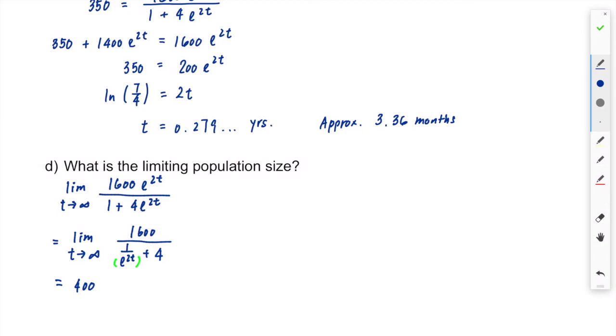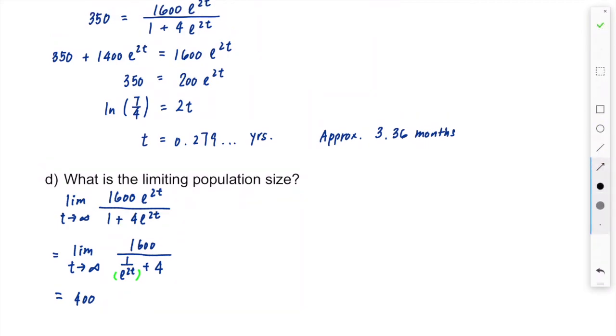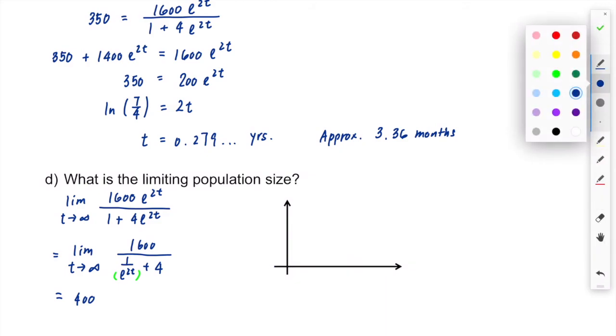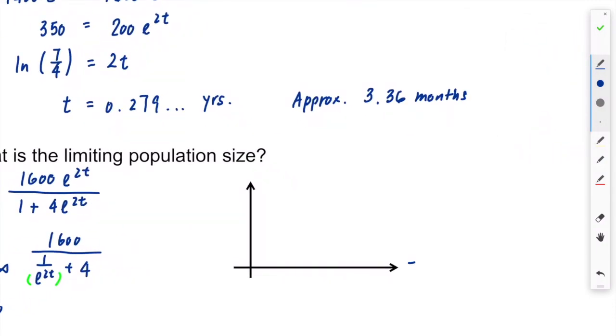Okay. And if you graph this with technology, that's another way to try to picture it, but you kind of have to make your horizontal scale quite far. So this is t, P of t.